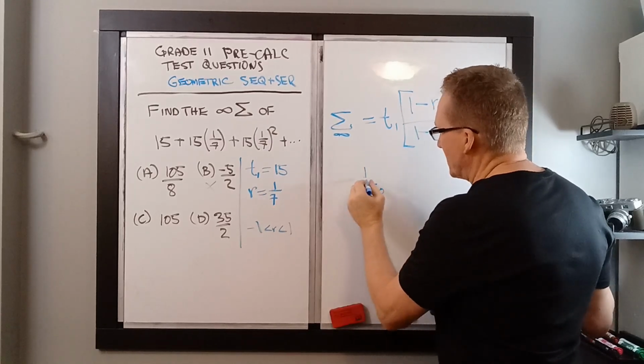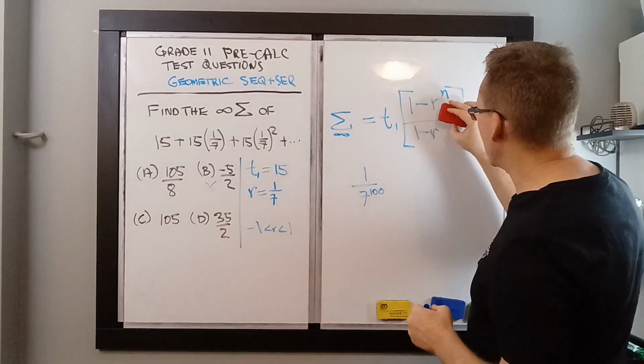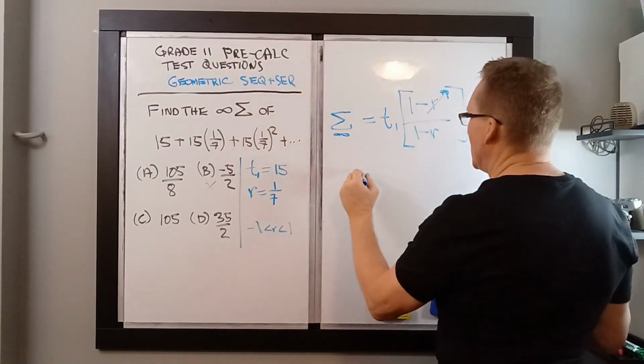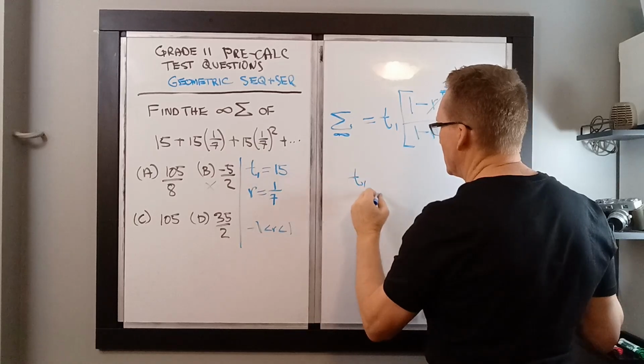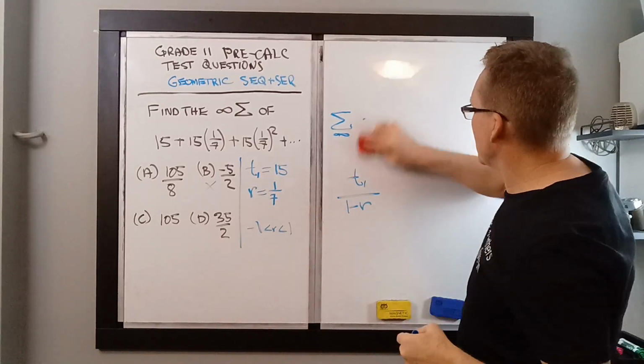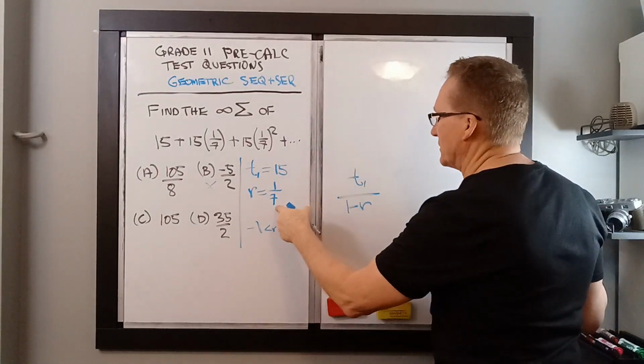This is going to be a huge number in the denominator, so this term is basically going to be 0. So we ignore this term. So for an infinite series, this becomes 0, and we're just left with the first term all over 1 minus r. Very simple and straightforward, but just realize it's the same formula as the one for a finite series.